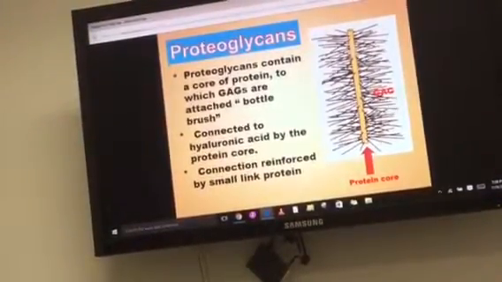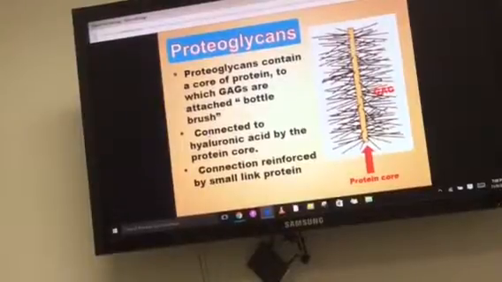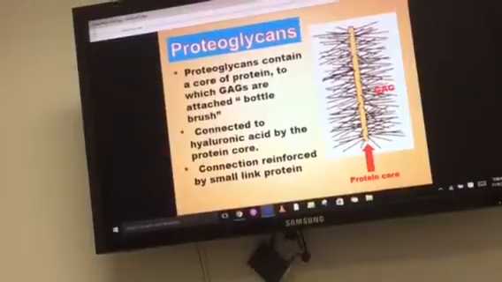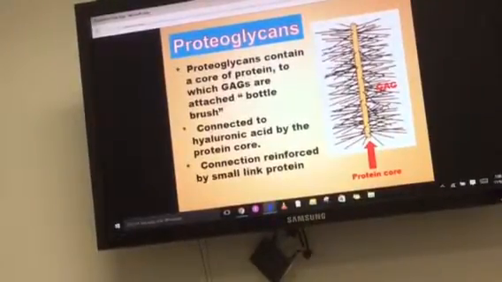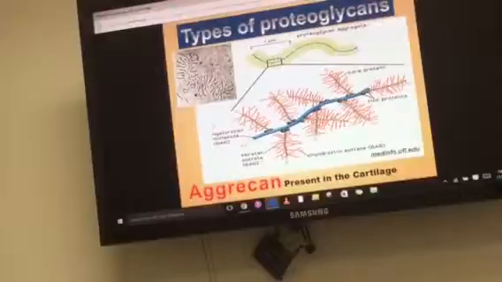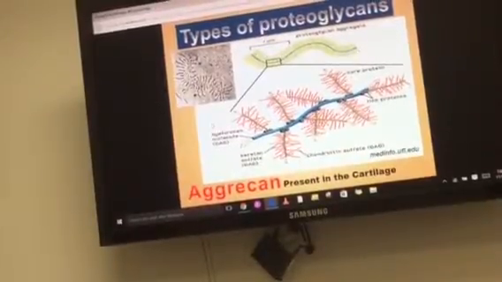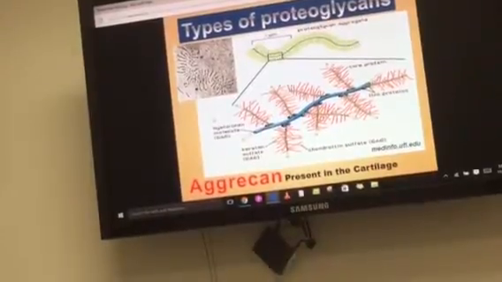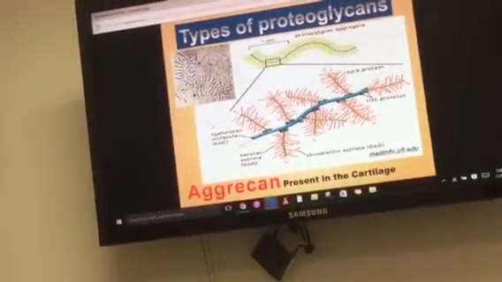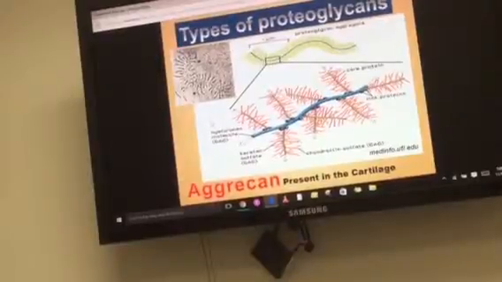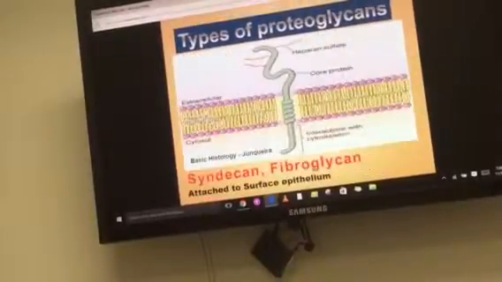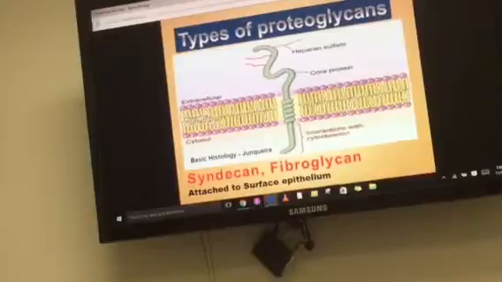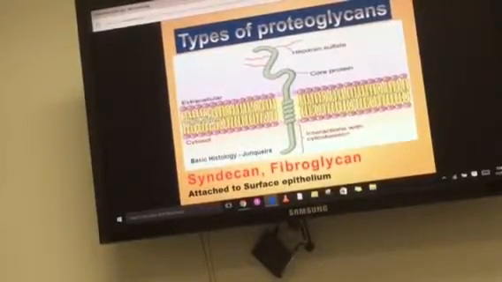It's connected to hyaluronic acid by the protein core, and the connection is reinforced by small linkage proteins. There are actually three types of proteoglycans, and this is one of them, aggrecan. It's present in cartilage. And these are the other two, which I guess are embedded in the epithelium.